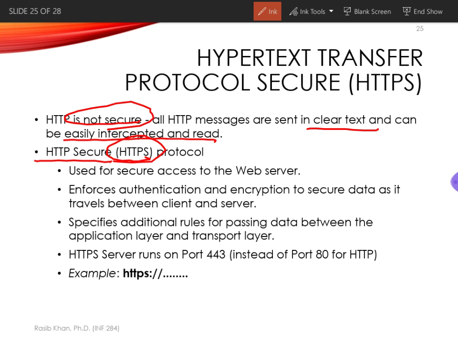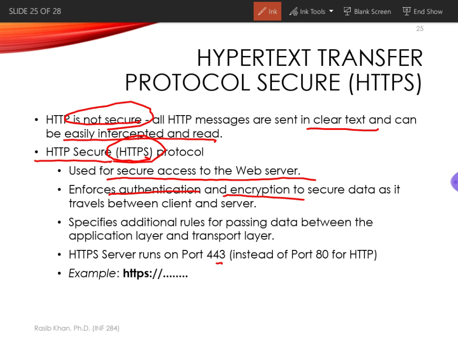HTTPS is used to establish a secure connection with the web server. When it establishes the secure connection from the client to the server, it enforces authentication and also encryption to make sure that these messages, the requests and response messages, are properly encrypted and protected from any outsider or attacker in the network.